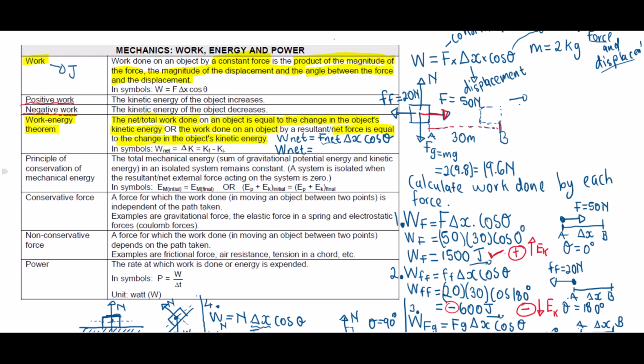Change in kinetic energy means that we are looking at the final kinetic energy minus the initial kinetic energy. Remember, half m vf squared minus half m vi squared, right? This formula can help us to calculate the net work. So the net work can be calculated in 3 different ways, right?